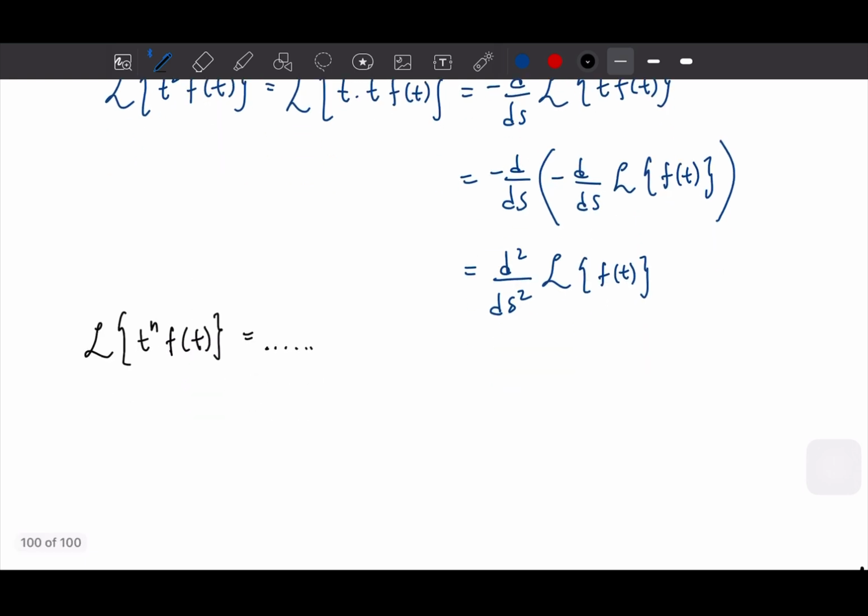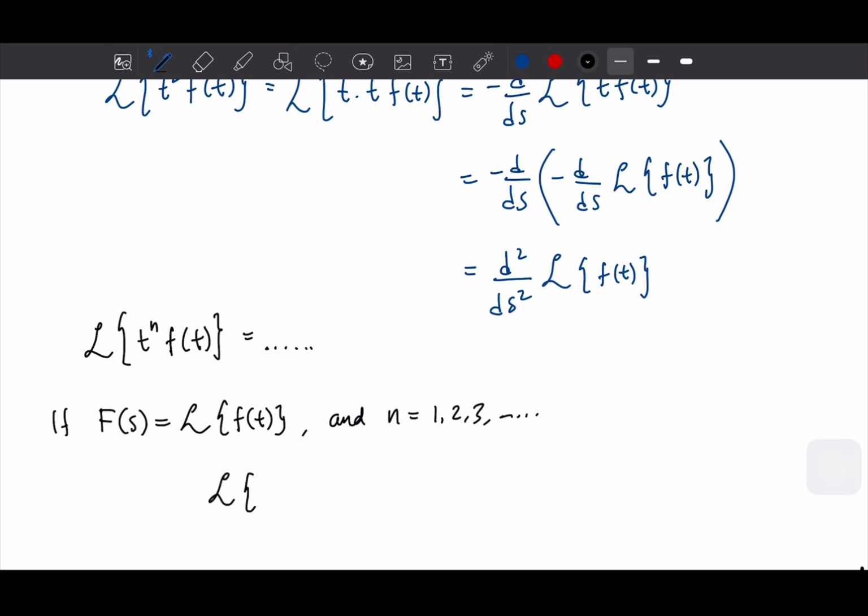If capital F is the Laplace of f, and n starts from 1, 2, 3, etc., then the Laplace of t to the power n times f(t) is (-1) to the power of n. This is because of negative, negative, positive. So negative, positive, negative, positive, right?